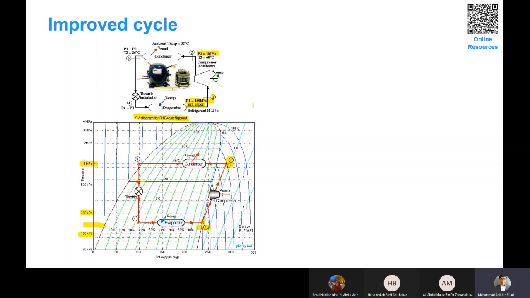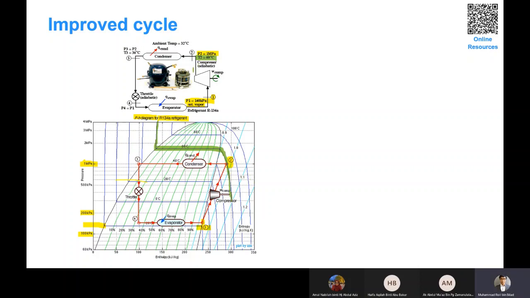How to get the temperature? You look into this line of temperature. It goes here, go there, 60. See it crossed that point. So this is 60 degrees Celsius, and then we condense it.